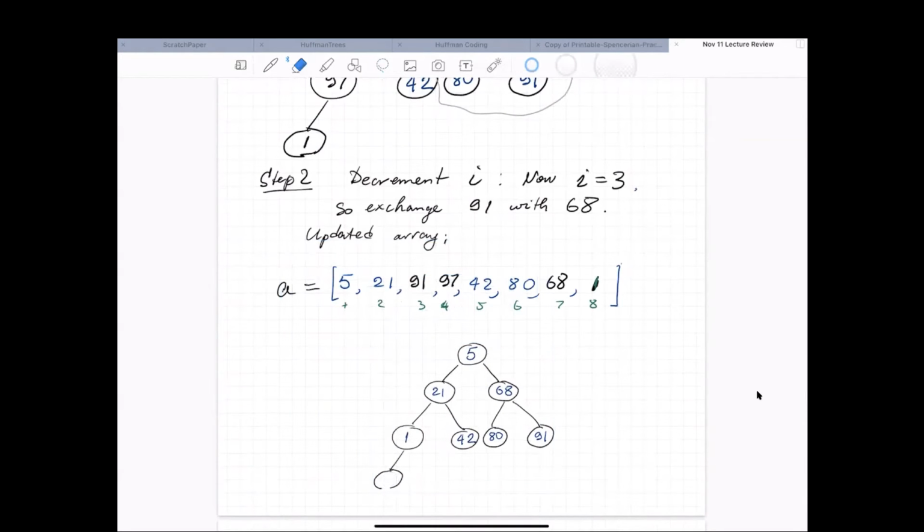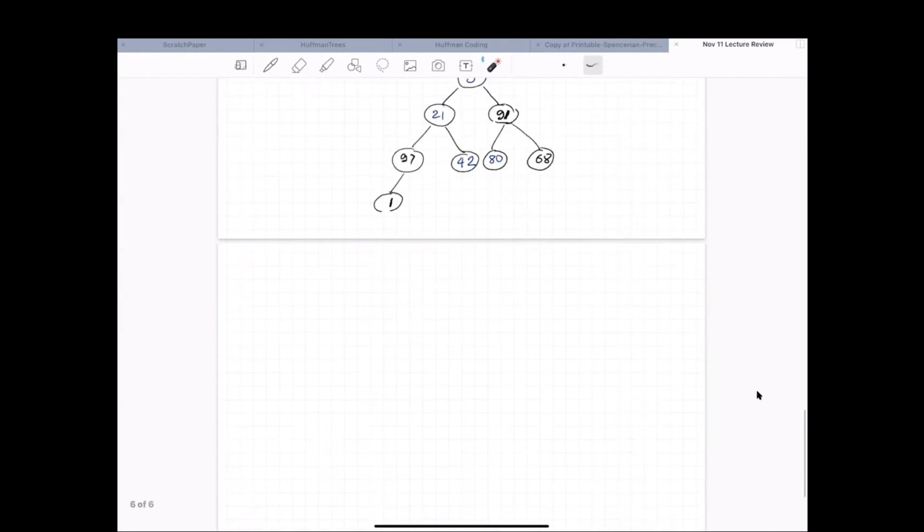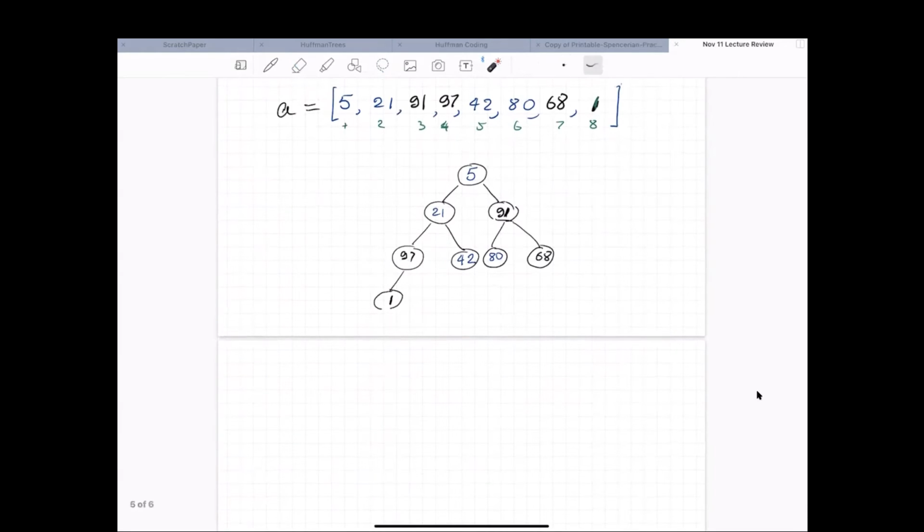This was 97 and 1 from the previous, but now I've also exchanged 91 and 68. So I have 91 here, this is 1, and this is 68. Now I've restored the heap property at this tree. Now let's continue. Still not a heap.